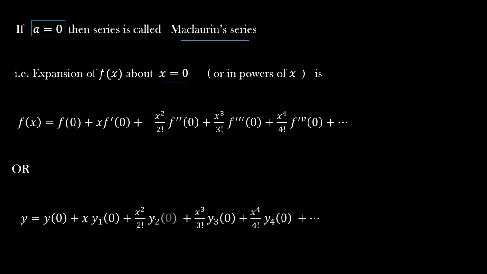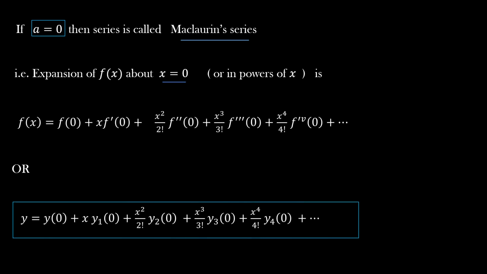Or y is equal to y of 0 plus x into y1 of 0 plus x square by 2 factorial into y2 of 0 plus x cube by 3 factorial into y3 of 0 plus x to the power 4 by 4 factorial into y4 of 0, and so on. Just remember this series expansion as we are going to use it in problems.